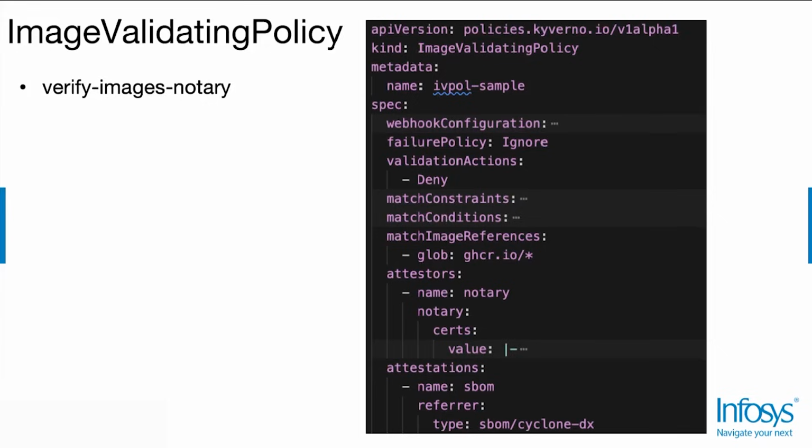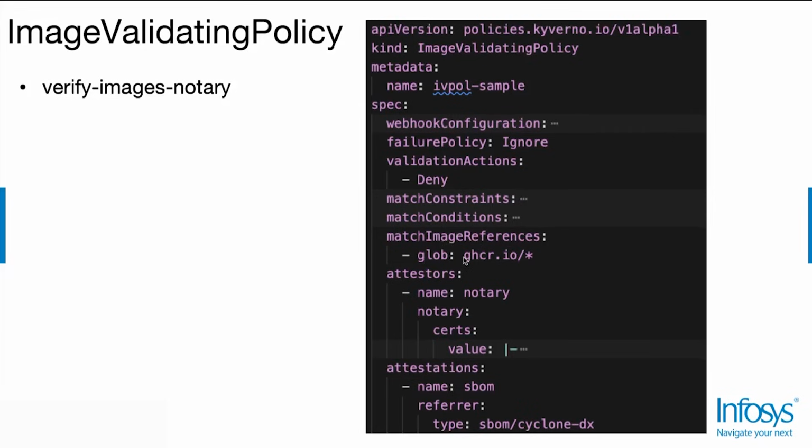And here, most importantly, I'm matching all the image references coming from a certain glob. Here I'm selecting all the images coming from the GitHub container registry, that's ghcr.io. So basically, I'm trying to apply this policy to all the container images coming from the GitHub registry.